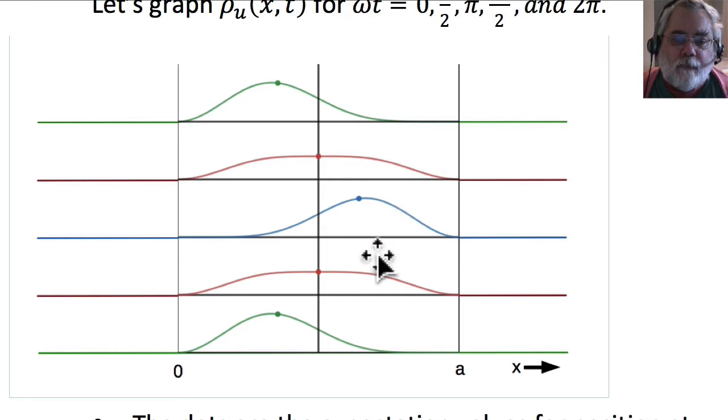The blue curve looks exactly like the green curve, just flipped with respect to the center. And then as we continue in time, we move back from the right to the center to the left again. So probability sloshes from the left side to the center to the right to the center to the left.